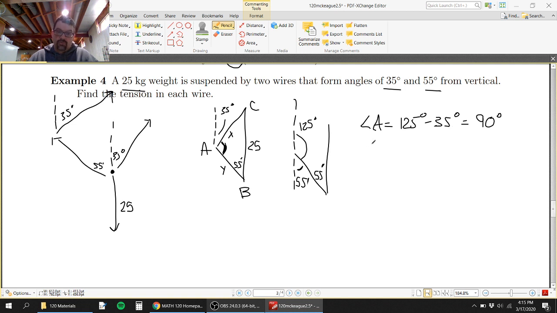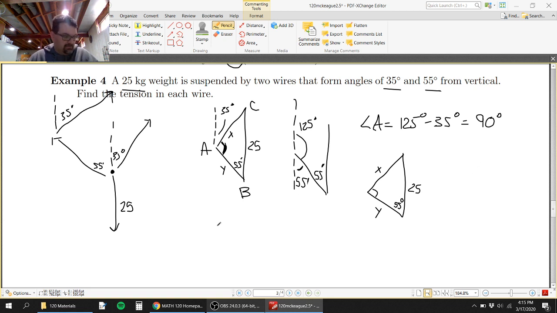So we're actually looking at a right triangle. In fact, if we were to redraw it, we have this, 25, a right angle, 55 degrees right there. And here's X and here's Y. And since it turned out to be a right triangle, we can use SOHCAHTOA. Now, if that wasn't a right angle, we'd have to use law of sines instead.